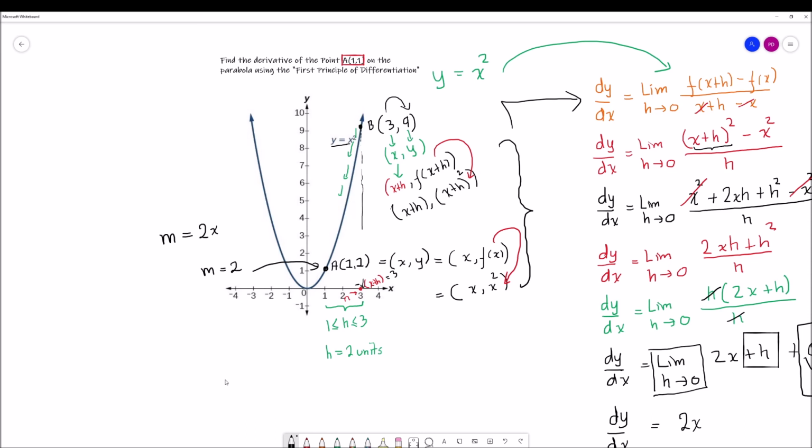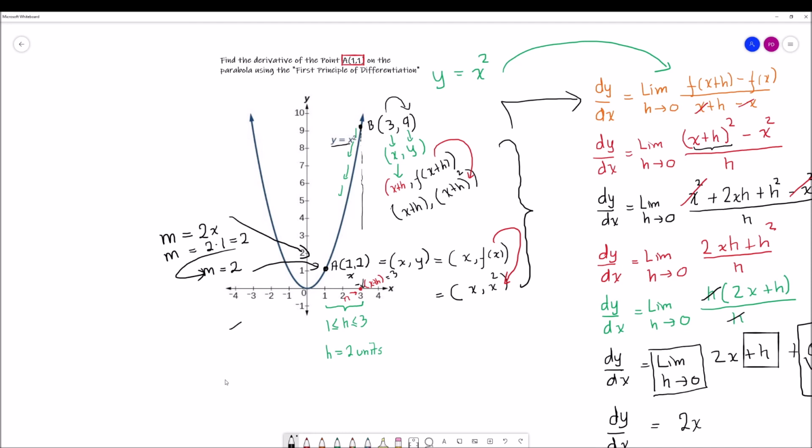And why the value of m is equal to 2? Because at this point our gradient is 2x, and since our x value is 1, if we substitute our x value, it is 2 times 1 equal to 2, that's how we get the gradient of 2.